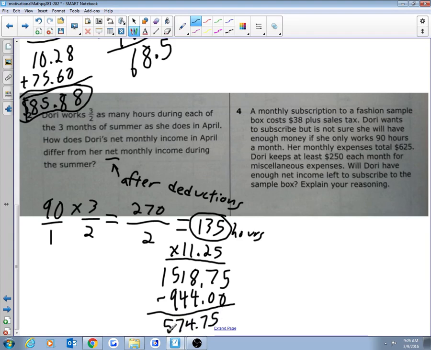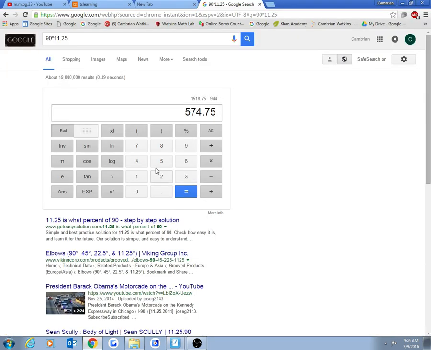574.75. So we've got to find 15% of this, and then we're going to add on our $75.60. So to find 15% of this, we're going to turn it into a decimal and multiply. So times 0.15. Let's go ahead and use our calculator.